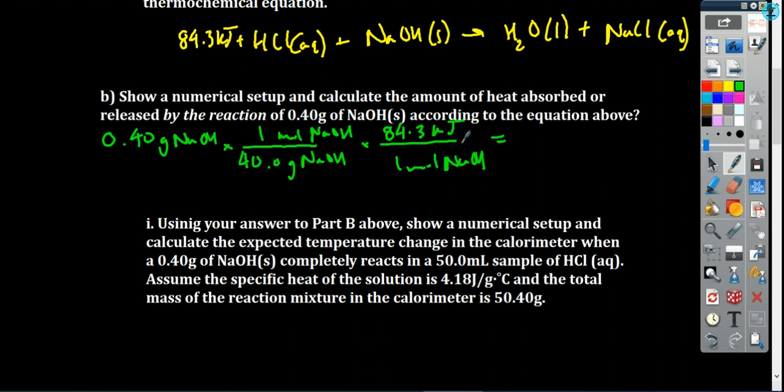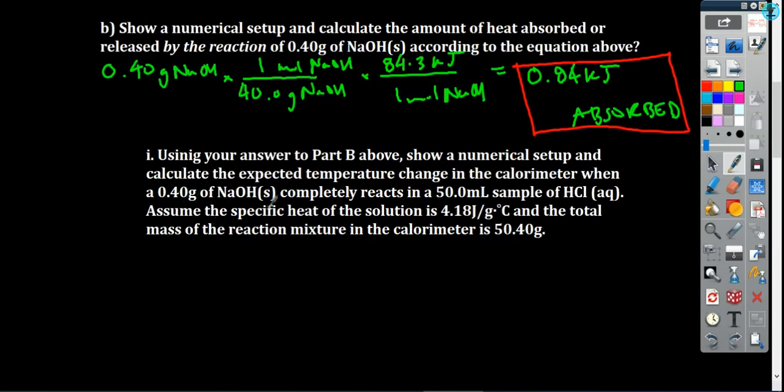So if I head to my calculator, I'm going to multiply 0.4 by 1, divide by 40, and then multiply by 84.3 and divide by 1, which will give me 0.84 kilojoules, and because it's positive, absorbed. So think about this. We have 100th of a mole. So we're only going to need 100th of the amount of heat to be absorbed to react that 0.4 grams.